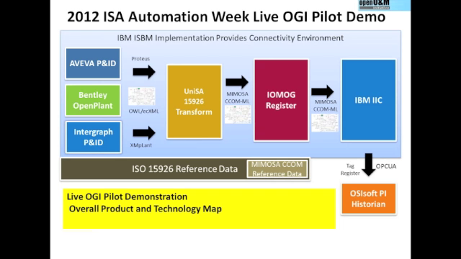Now, the suppliers that you see here today included people using technology from AVEVA, Bentley, and Intergraph, again starting with Worley Parsons at the front end, doing the real engineering artifacts, bringing through those documents in XML format over to the University of South Australia transform engine.